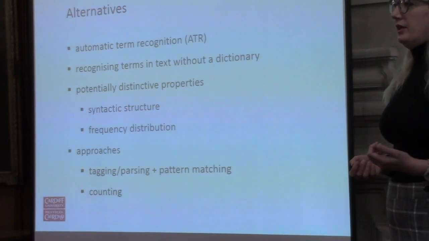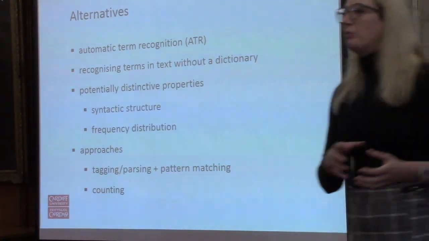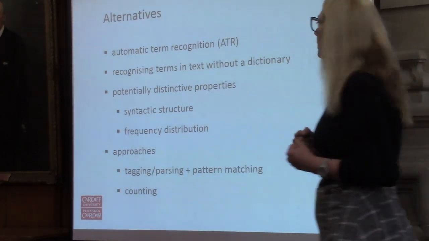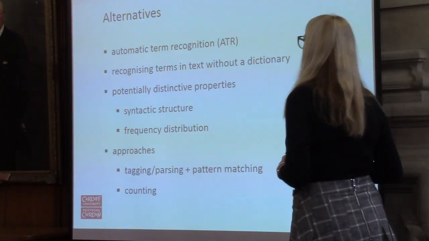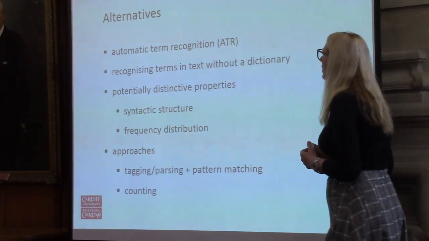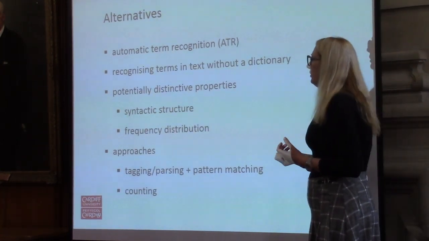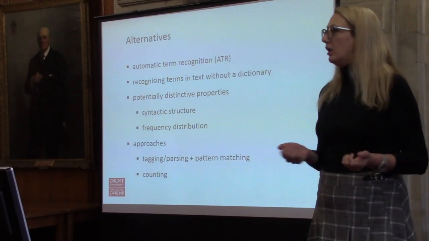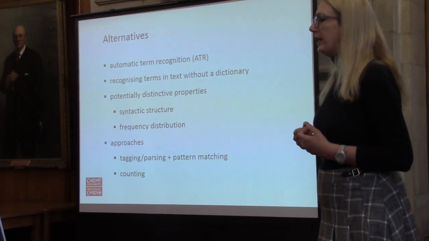So what is the alternative? What we want is somehow to segment the text and pick up these multi-word terms automatically without the use of any dictionary. So it's a data-driven approach. So how do we do this? We need to explore some properties that distinguish terms from other multi-word expressions in text.